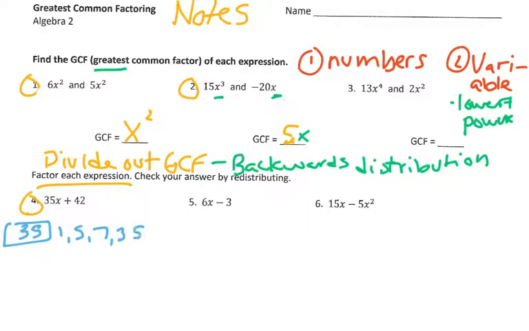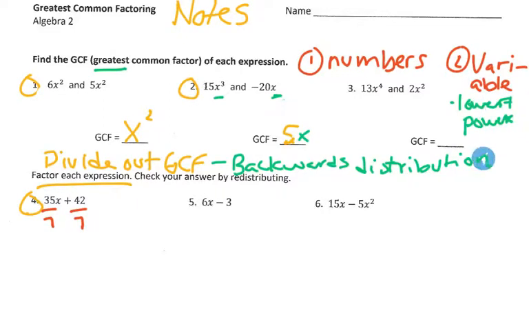Not much. And so when we take a look at 42, the only numbers that of course go into 42 would be 1, okay, great, but then also 7. So officially what you're going to do is realize that 7 is your GCF, and so we're going to take this first piece and divide it by 7, and this second piece and divide it by 7.